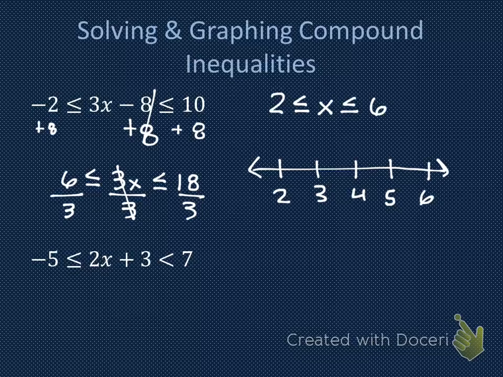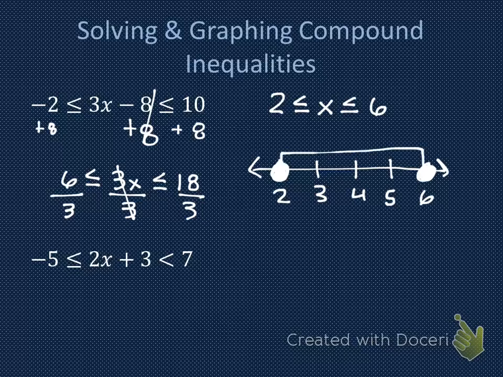So my circle that goes over my 2, is it going to be open or closed? Closed. My circle that goes over my 6, is it going to be open or closed? Closed. And since this is a compound, I know x can be any number between them. So I can shade every number between. So you can either draw a line that connects them, or you can shade the number line. Either way, as long as we know that x is going to fall between 2 and 6.